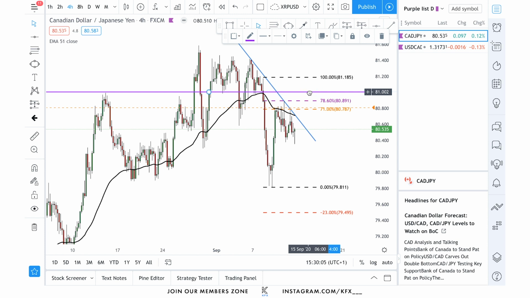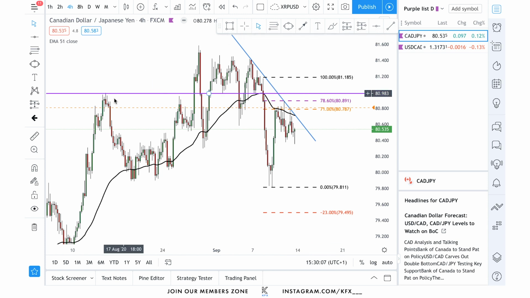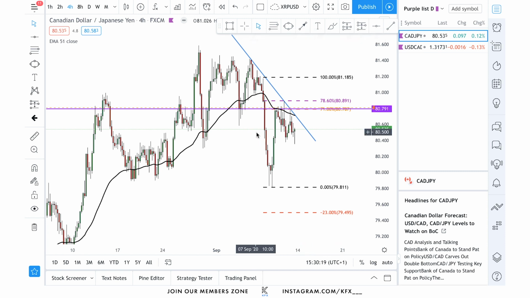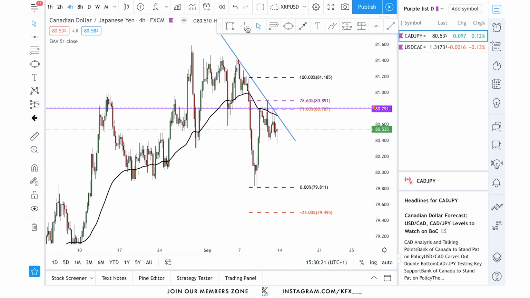I can see that's there, and that's kind of like a left shoulder, head, and that's going to be a right shoulder. So that's fine, but at the minute, I can see price is wicking to around this 80.8 level. Okay, so we can place that there.